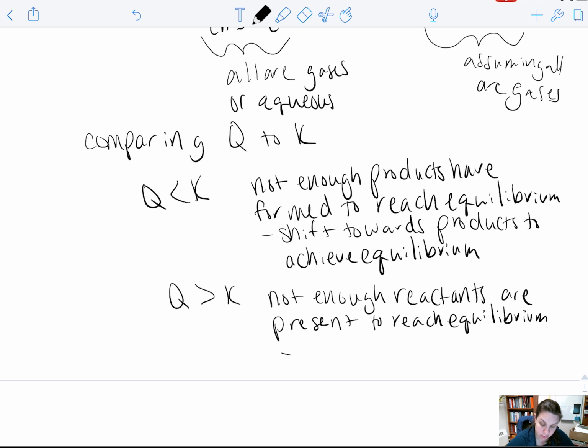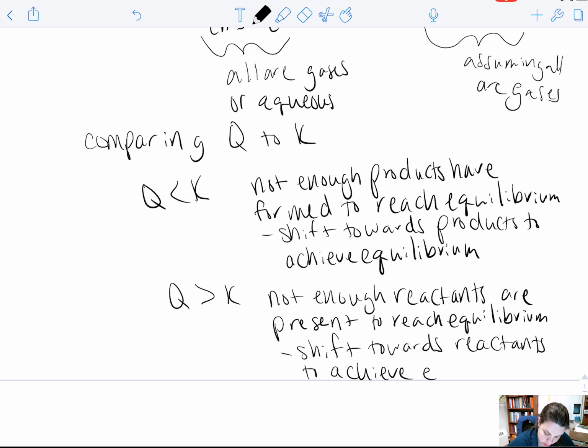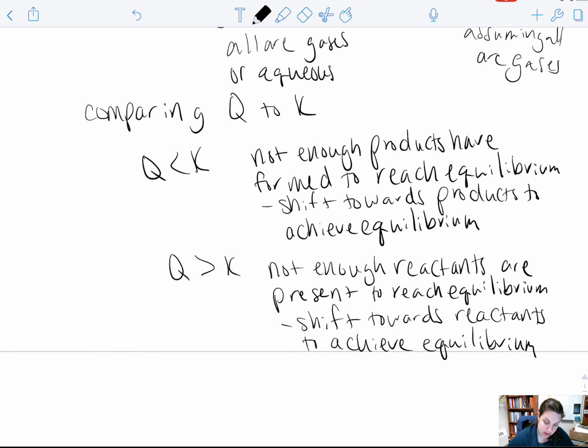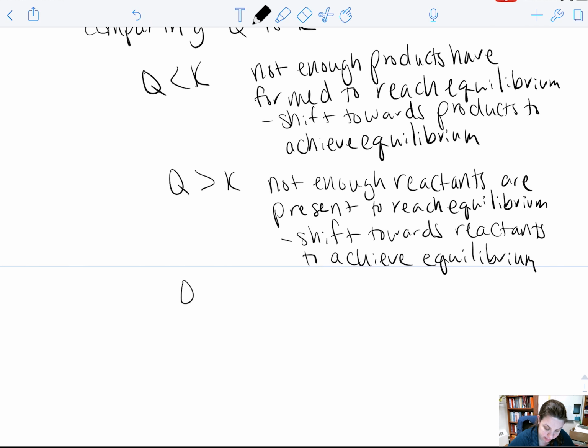So we need to shift towards the reactant side of the equilibrium. And then the other option we have is Q is equal to K. And that means we have reached equilibrium.